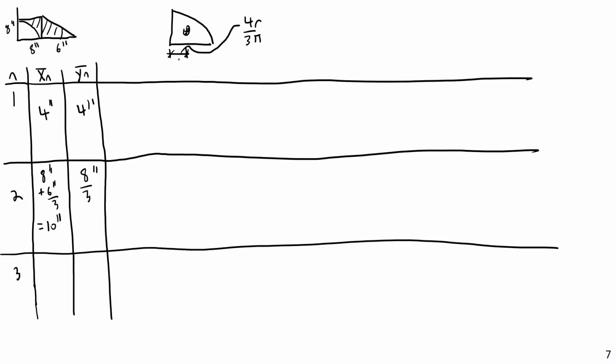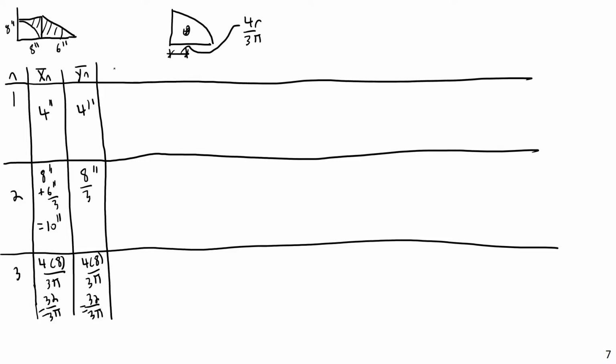The coordinate of the x bar and y bar for each one is just going to be, without any kind of shifting, 4 times 8 over 3 pi, or just 32 over 3 pi. Again, that just comes from a very straightforward application of the formula, 4r over 3 pi.